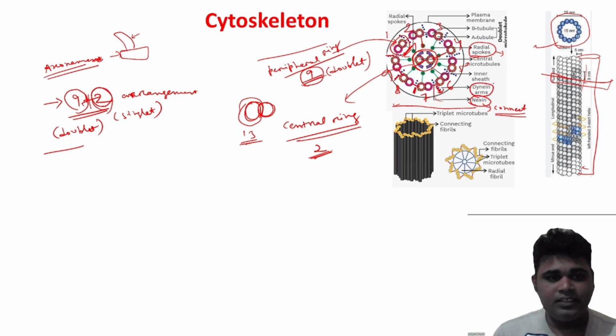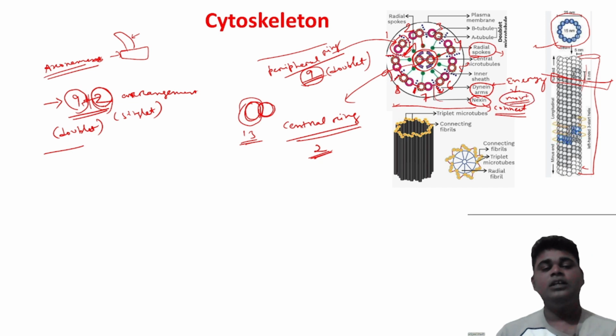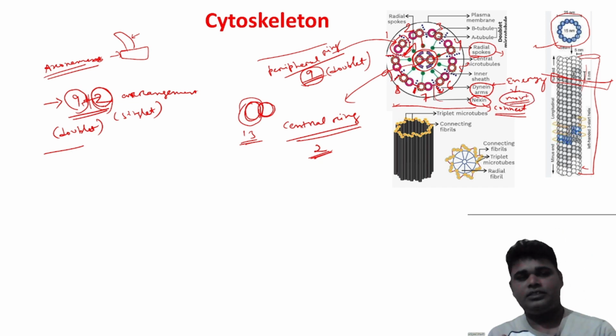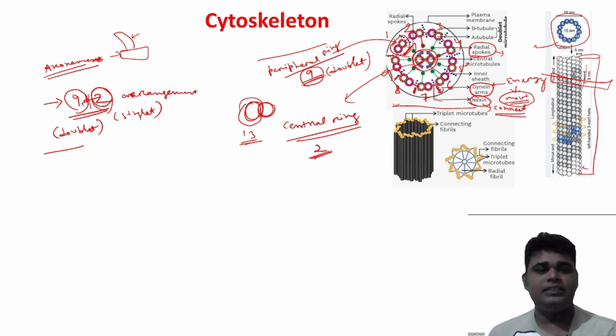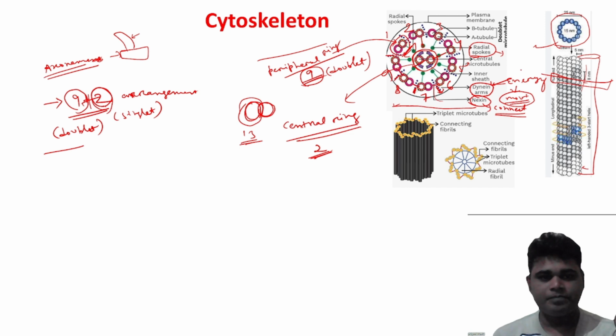So this dynein arm releases the energy for the movement of the organism. So that means for movement, some energy is required, and this energy is released by this dynein structure. So this is all about the axoneme structure.